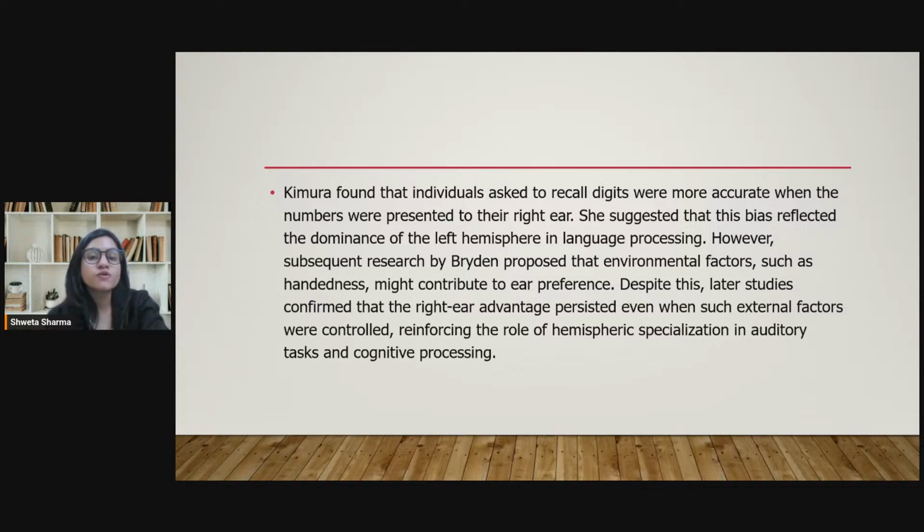So we got to see from Kimura's references that the pupils she studied, she suggested that this bias reflected the dominance of the left hemisphere in language processing, that people wanted to use their right ear to listen to the numbers being fed. However, subsequent research by Bryden proposed that environmental factors could be contributing.